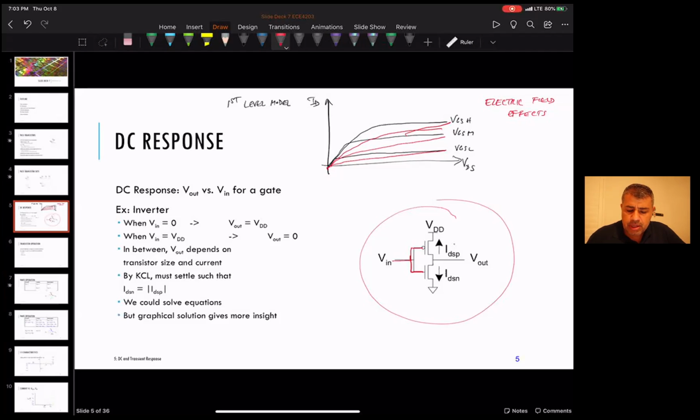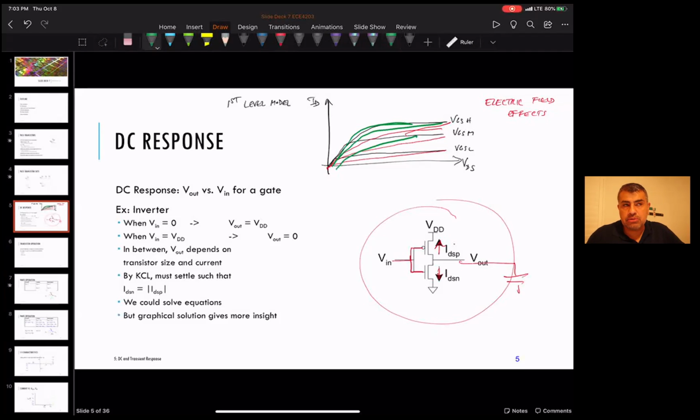Besides that, your load is capacitive, so the only current you have on the output are the drain source currents of the P and the N.